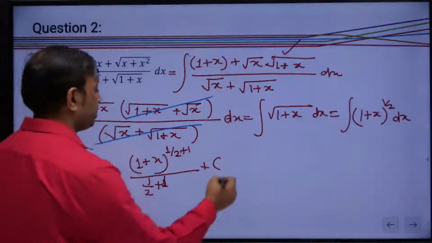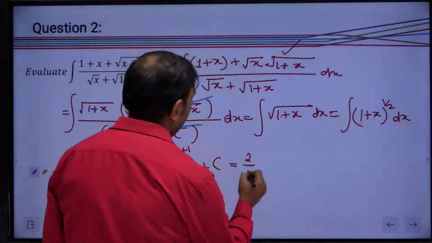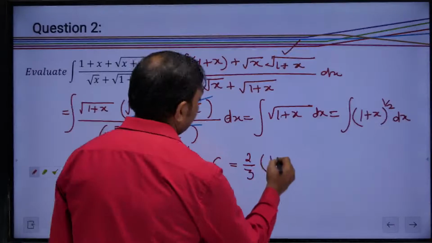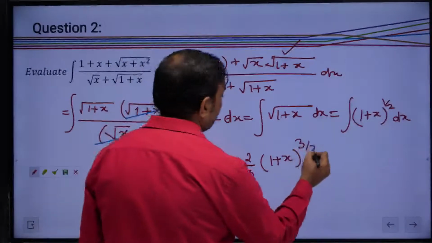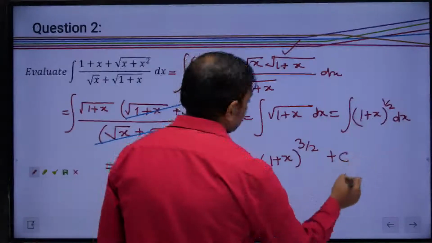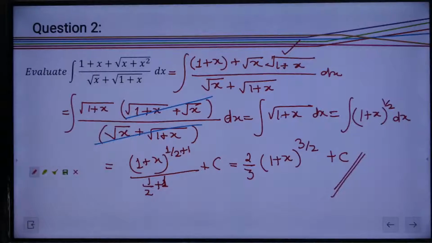Okay, so when we simplify everything, we receive 2 upon 3 into 1 plus x to the power 3 upon 2 plus c. So this is how we end this problem. That is the integration we have received.